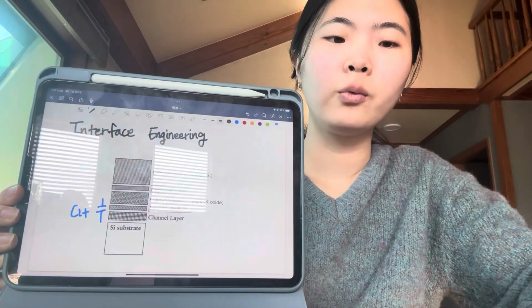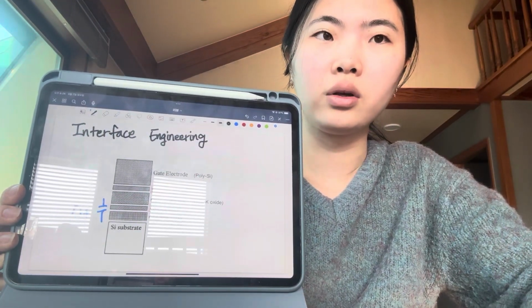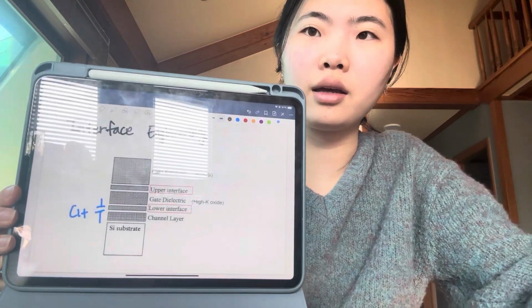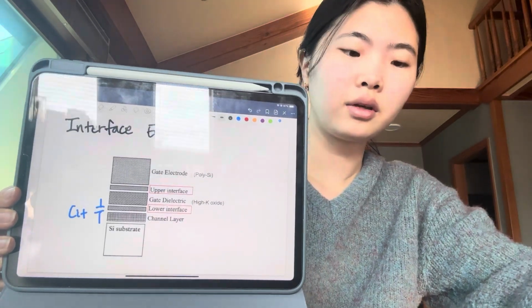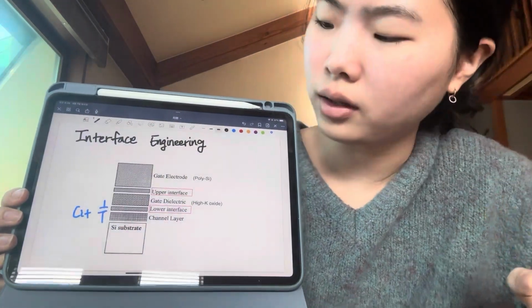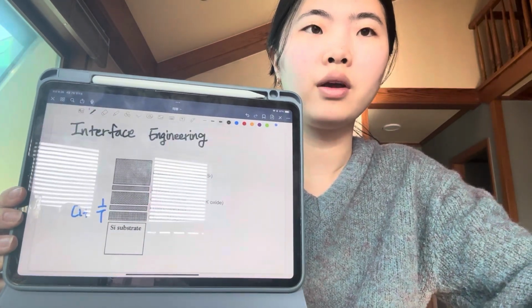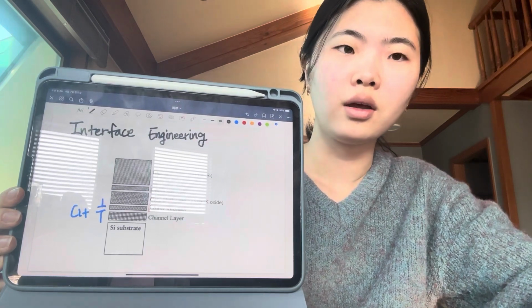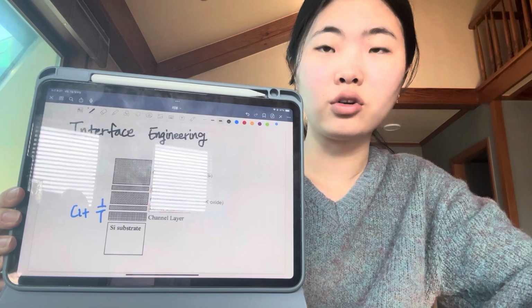If we put pure materials directly as the gate electrode layer and the gate dielectric layer, the interface characteristic is not good because of the material structure.